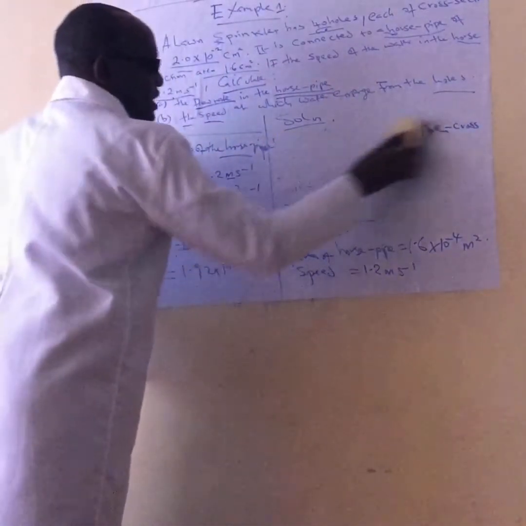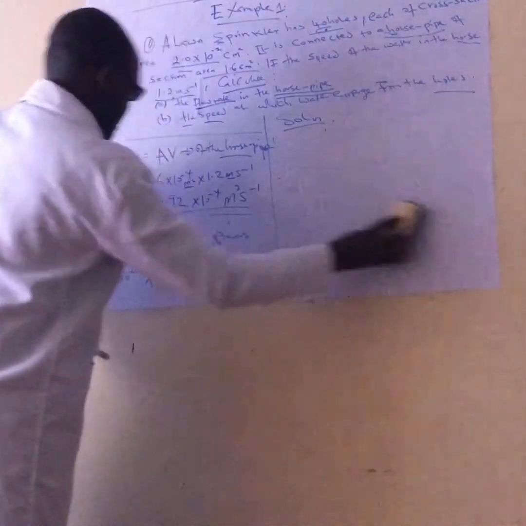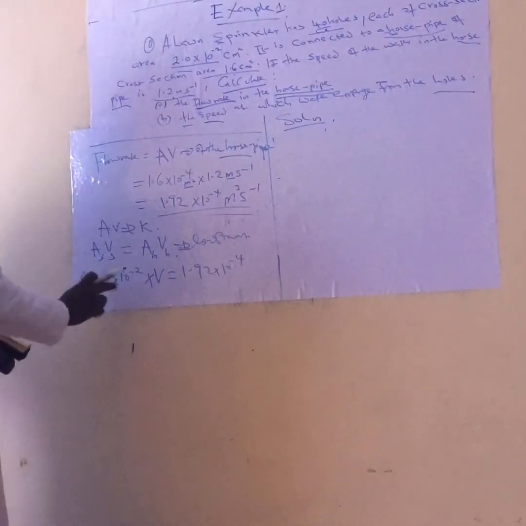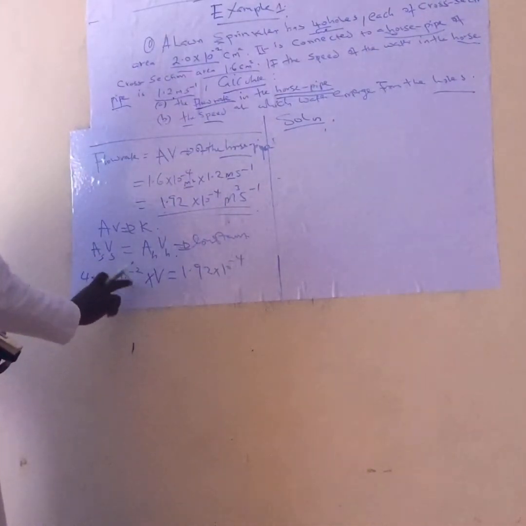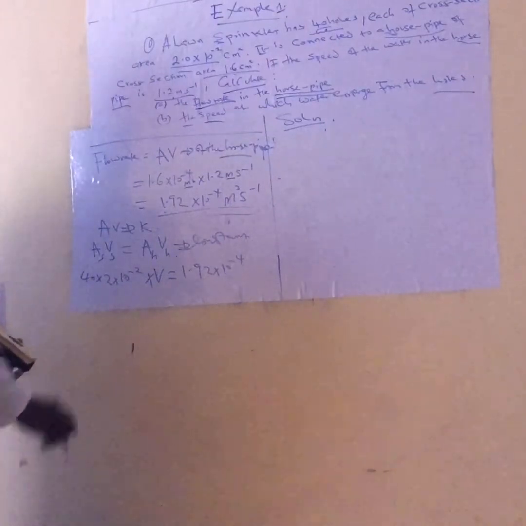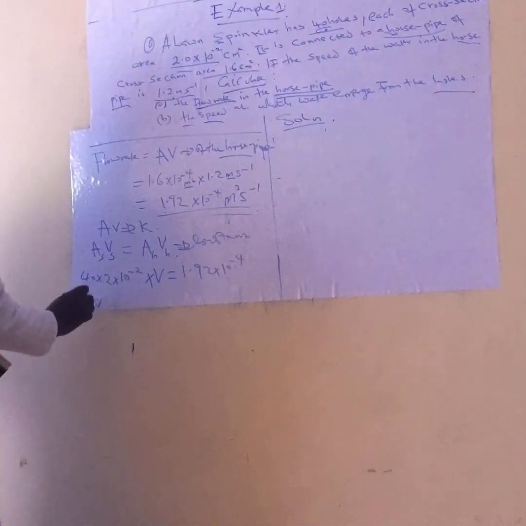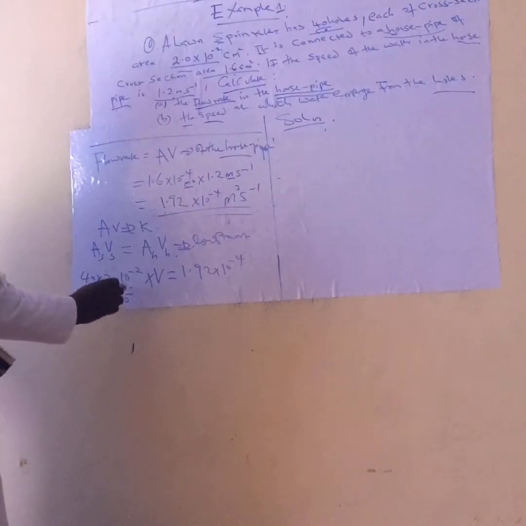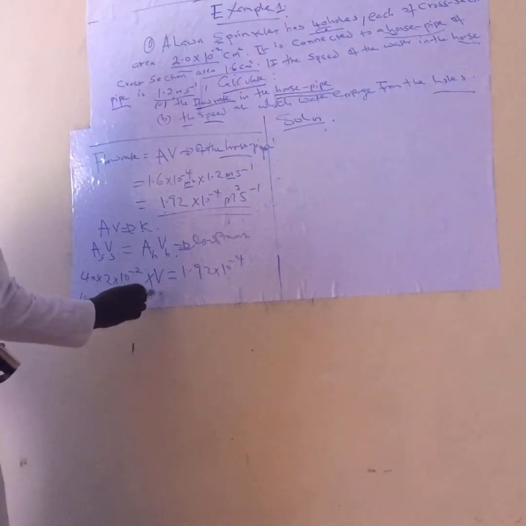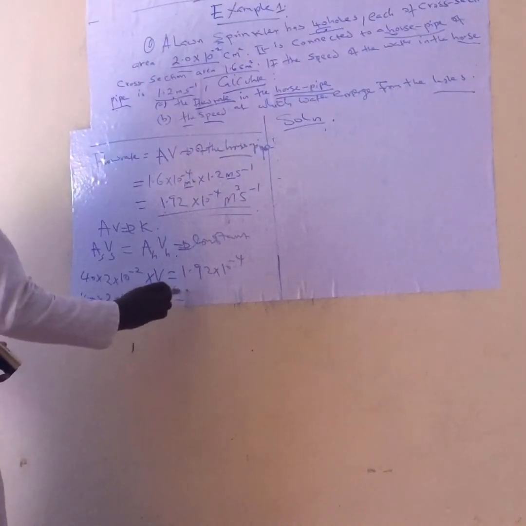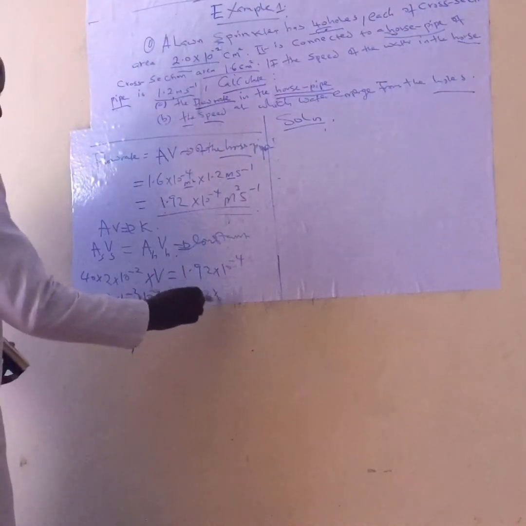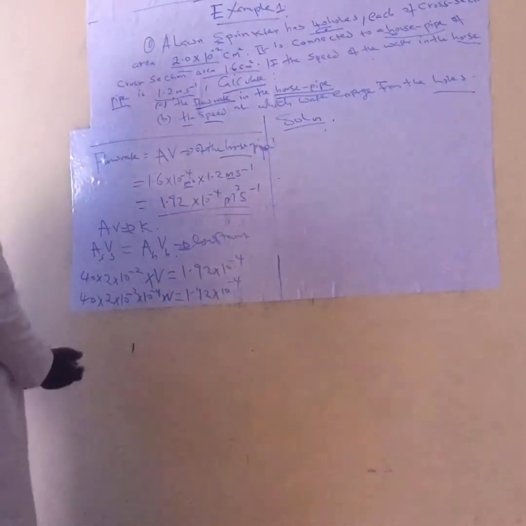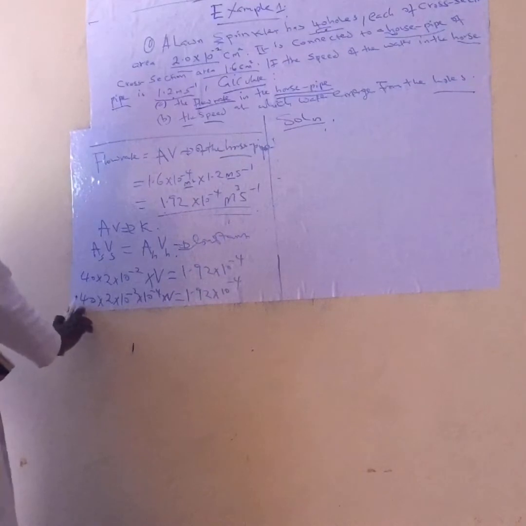So you can clean this. From here you will need to change this to the correct unit. So we are going to say 40 times 2 times 10 power negative 2 times 10 power negative 4 times v should be equal to 1.92 times 10 power negative 4.